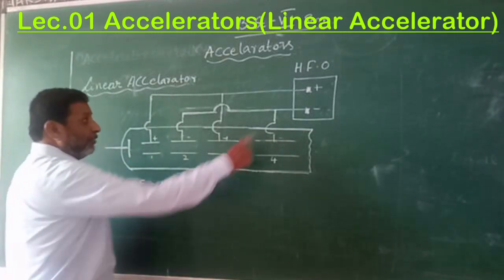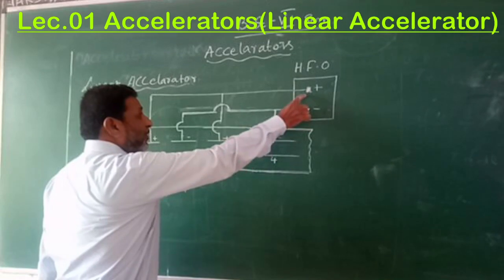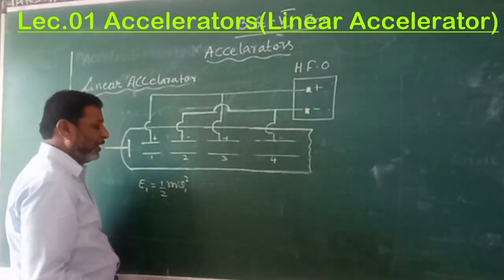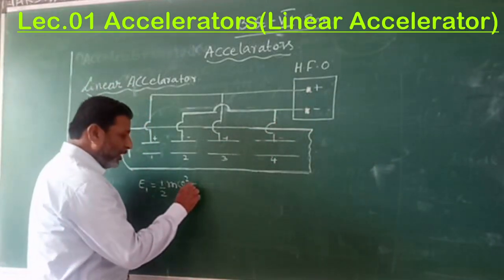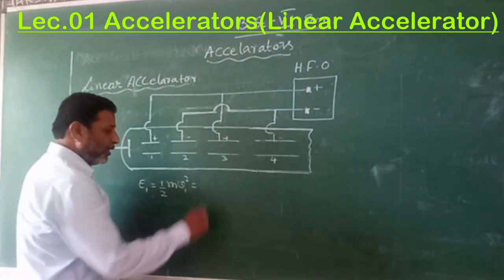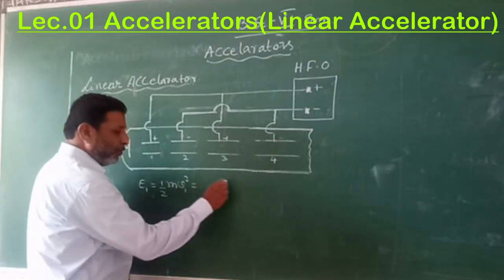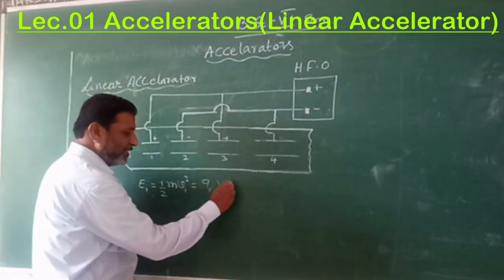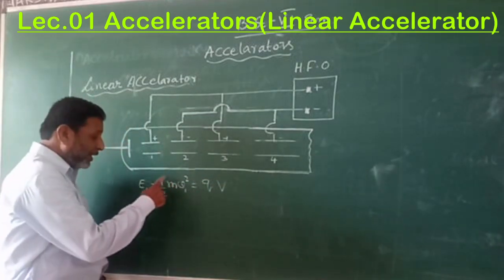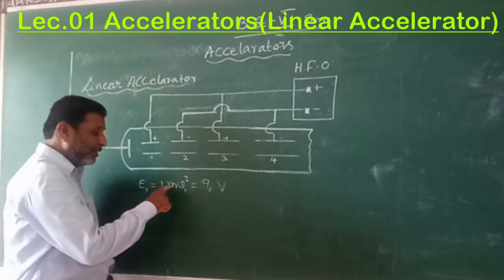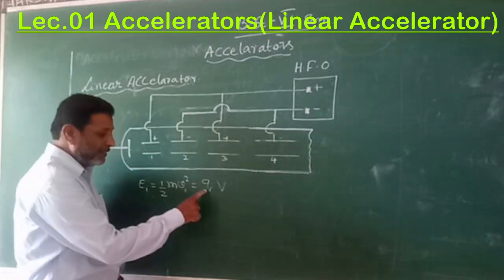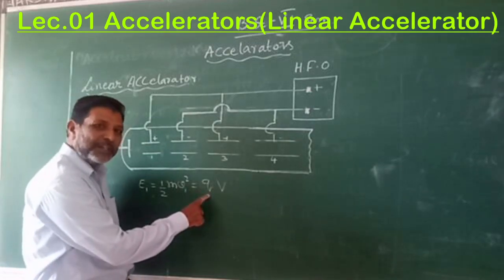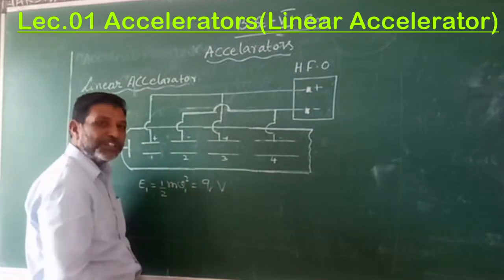Next, if the applied potential difference from this oscillator is V, then this will also be equal to Q into V, charge into potential. Now, see, this is the energy of the particle in terms of mass and velocity, and this is the energy of the same particle in terms of charge and potential difference.